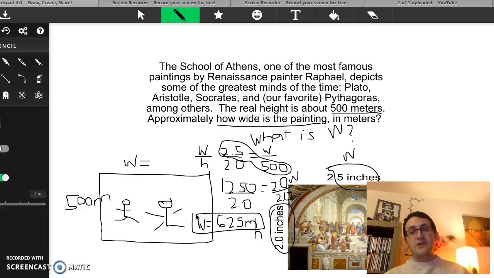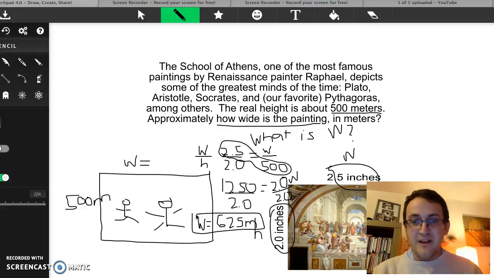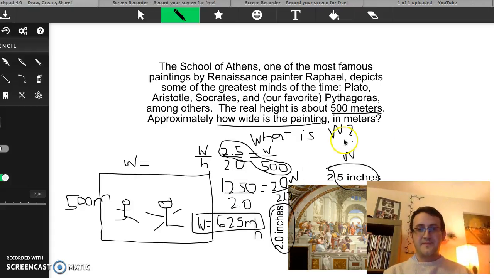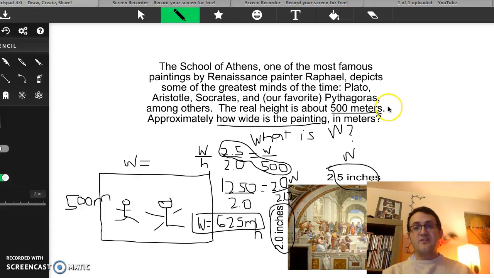Now, if you really want to make me happy, you can go and check your work and determine why it is that we are correct, or if we made a mistake along the way. So think about for a minute, how could we check and see if our answer is correct? So what I'm going to do is reevaluate my ratios here.